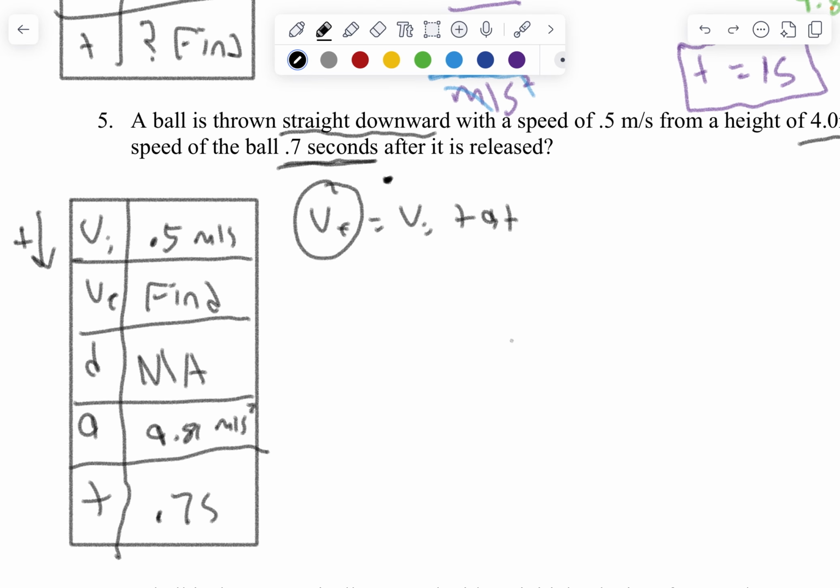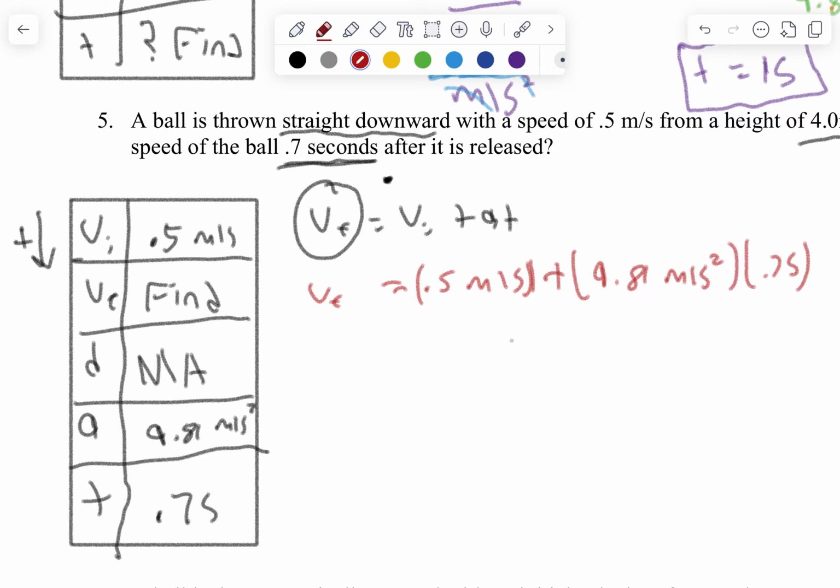So now let's just plug in our values. This should not be too hard. Final velocity equals, what is our initial velocity? 0.5 meters per second, plus 9.81 meters per second squared times 0.7 seconds.